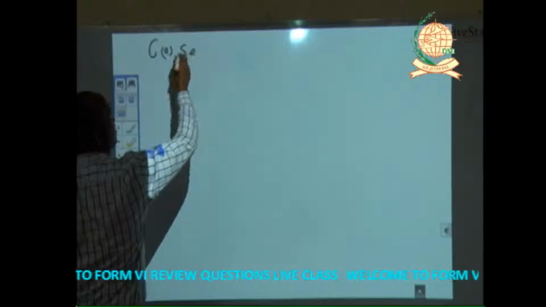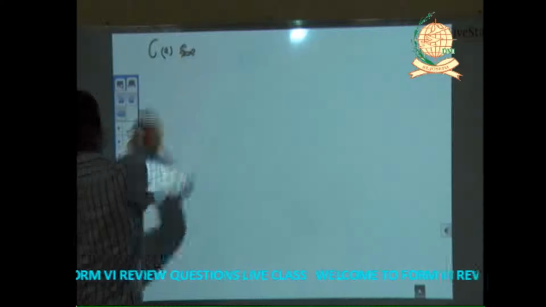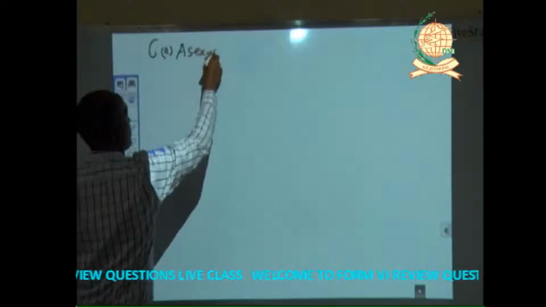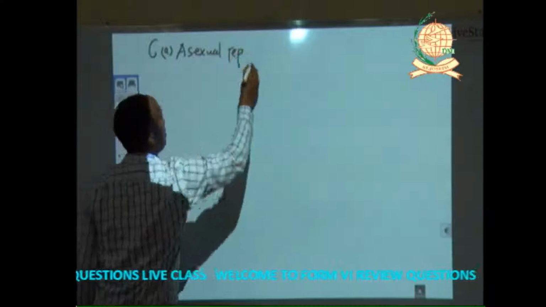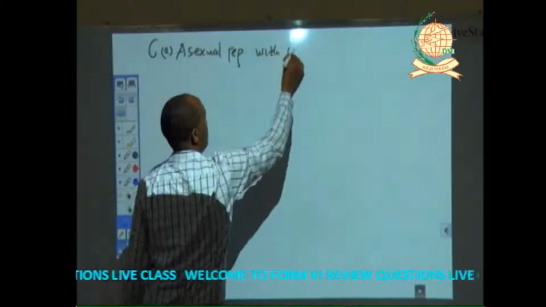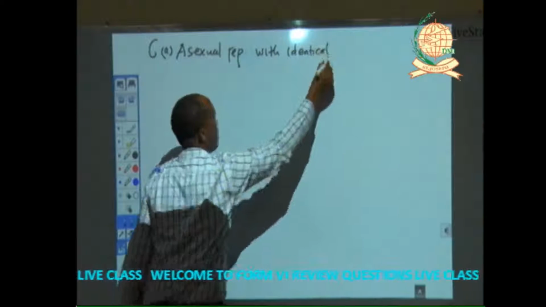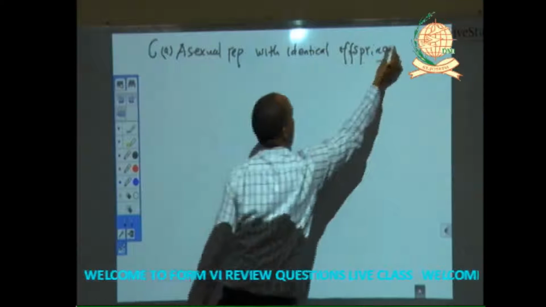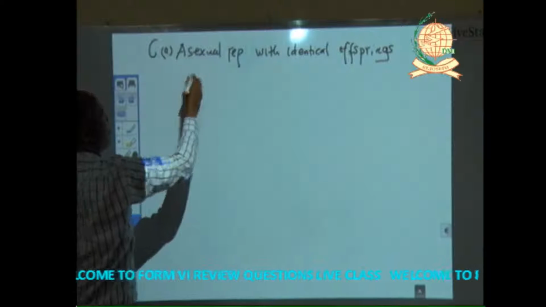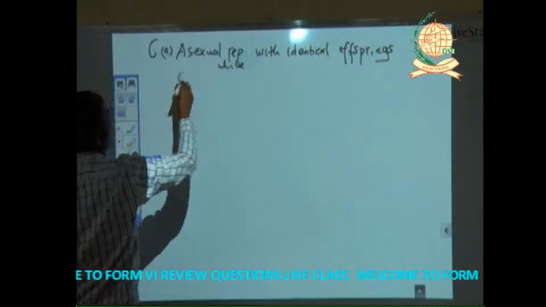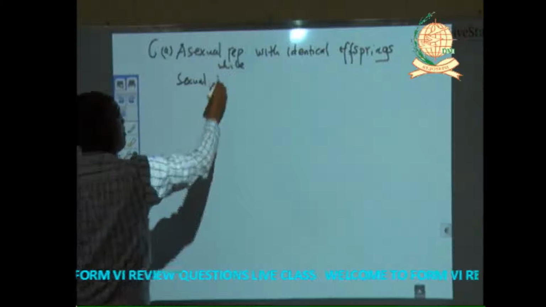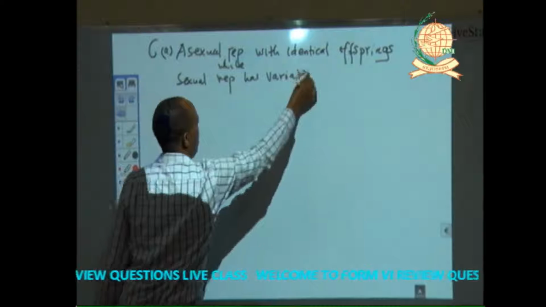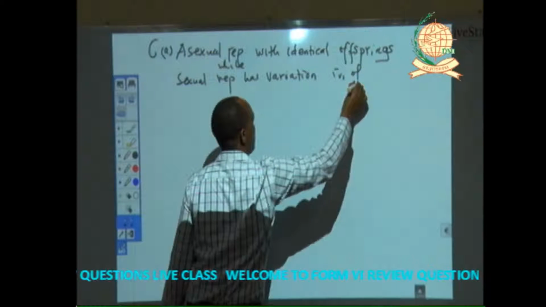So asexual reproduction has identical offspring, while sexual reproduction has variation in offspring.